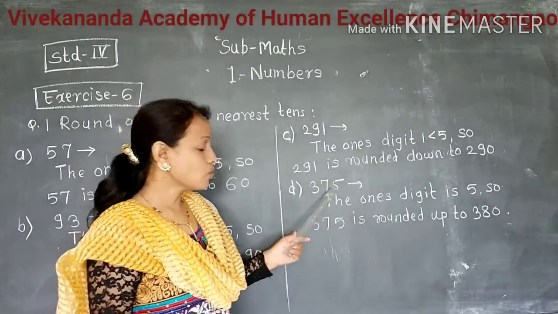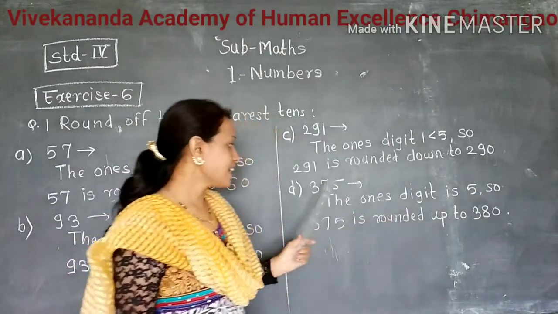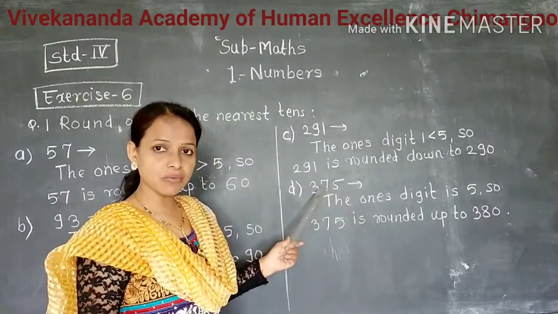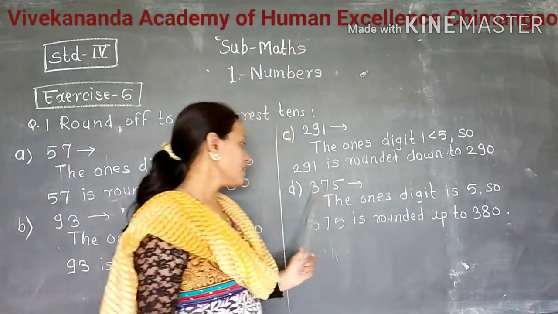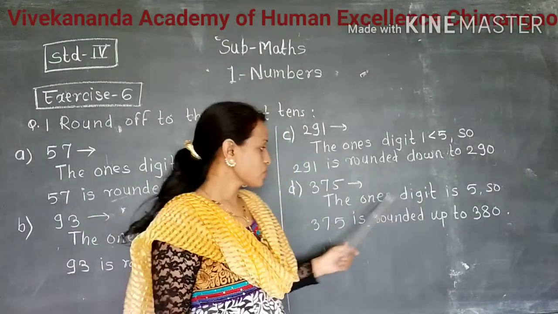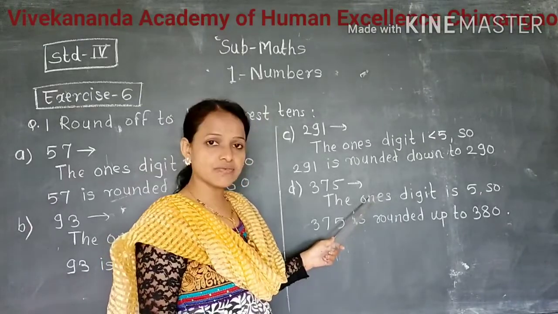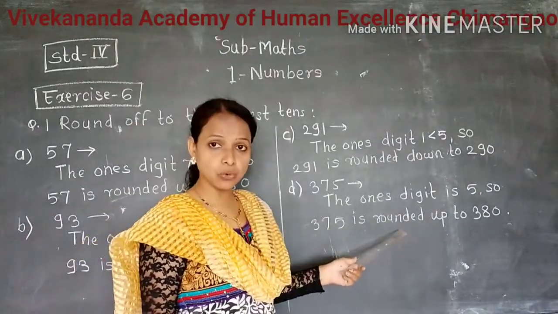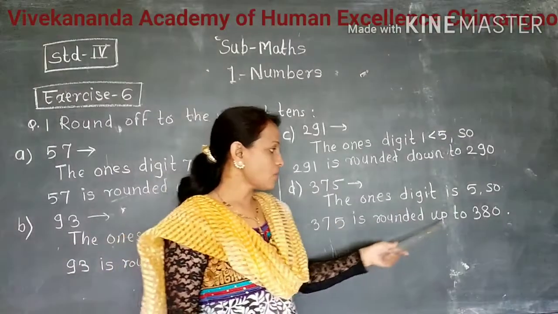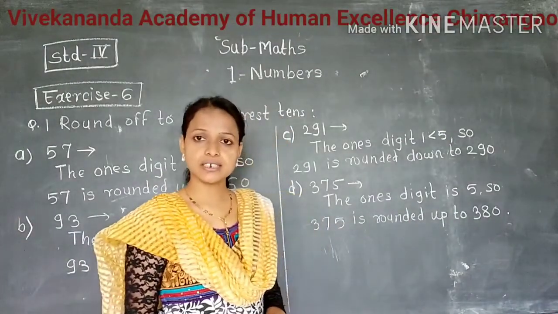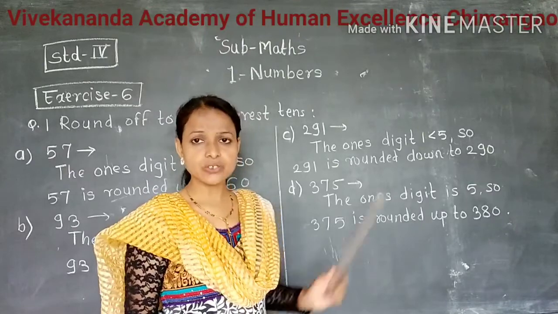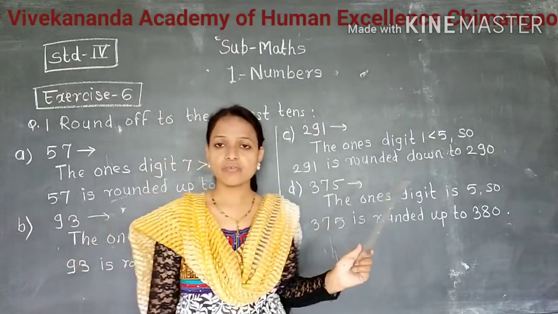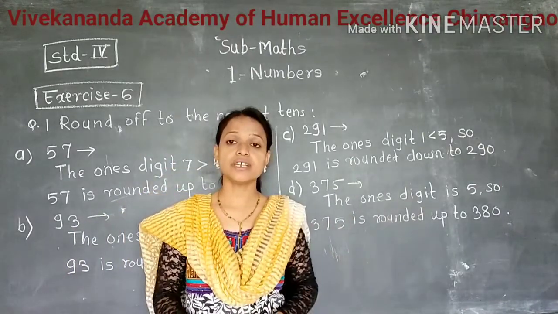So here the ones digit is replaced by 0 and the tens digit 7 is increased by 1, so it becomes 8 and the remaining same. So what is our answer? The ones digit is 5, so 375 is rounded up to 380. Understood? How to round off a given number to the nearest 10.